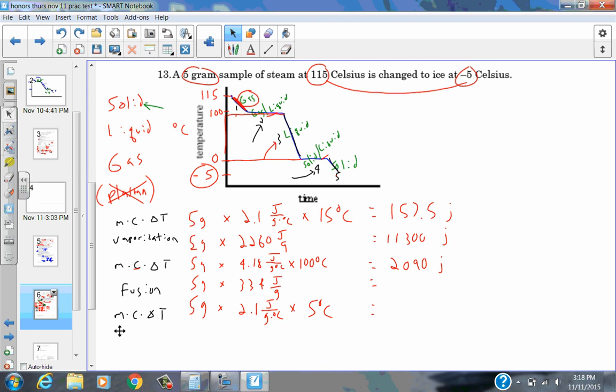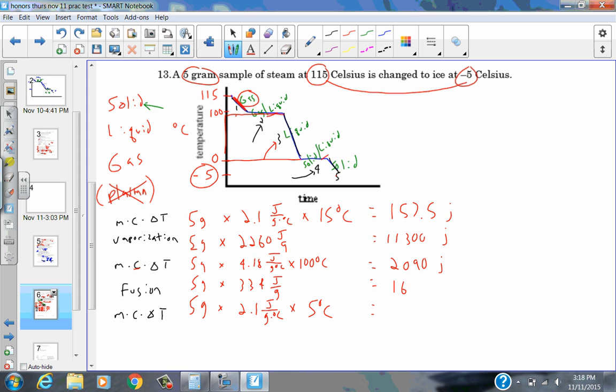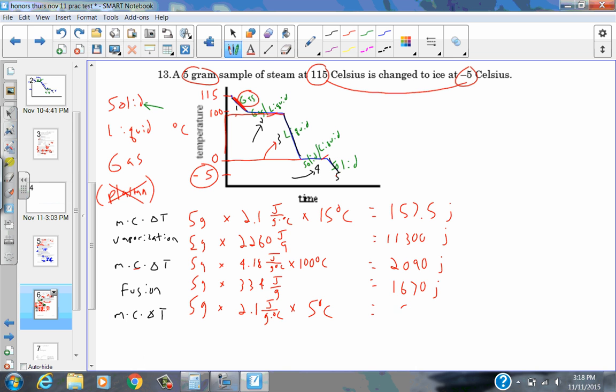The fourth one, the freezing section, 5 times 334 equals 1,670 joules. And the fifth one, 5 times 2.1 times 5, is 52.5.